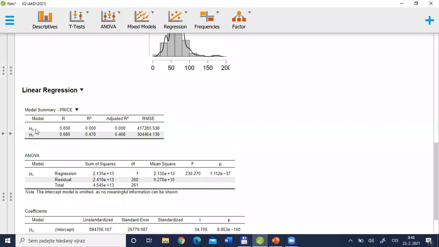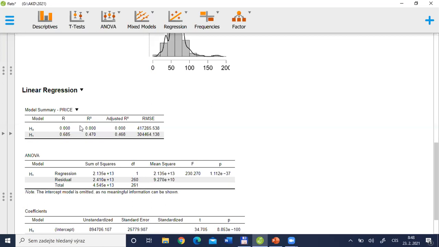JASP is automatically describing only two models. One is usually called H0 and one is called H1. So the model we have just prepared, prices versus sizes, is H1. Every time, the last model is the model we expected to compute.